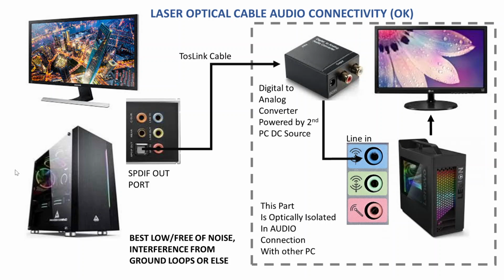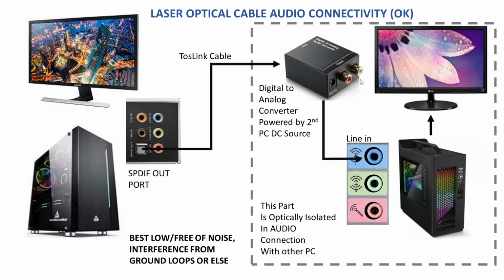So you set Windows to send the signal here, or your Voicemeeter output to this hardware signal, and it will come out here as a laser, red usually, and then it will be received by this digital to analog converter and converted into analog, and you put it into line in, or you can put it into microphone, but you have to adjust the impedance as I mentioned.